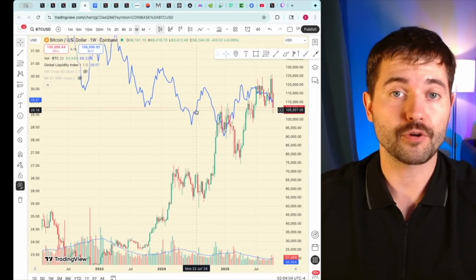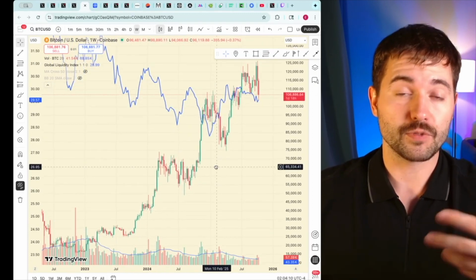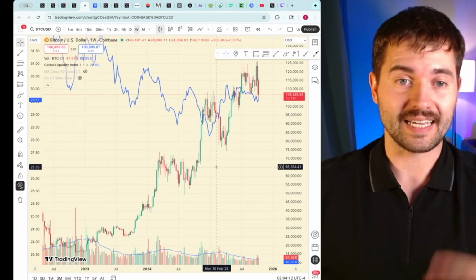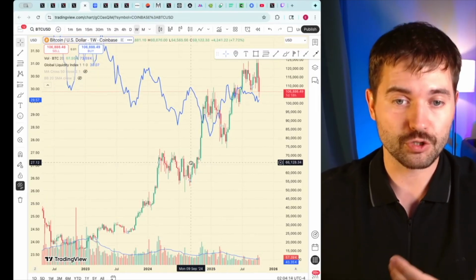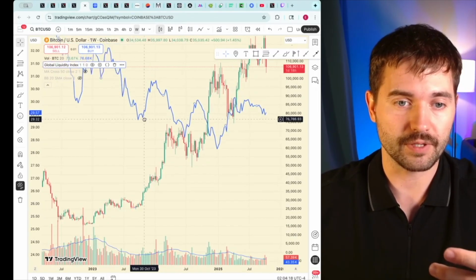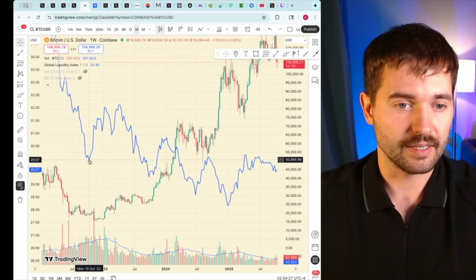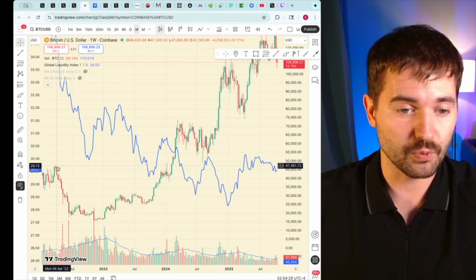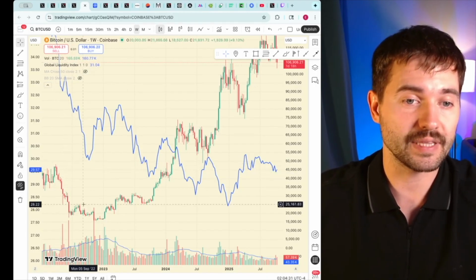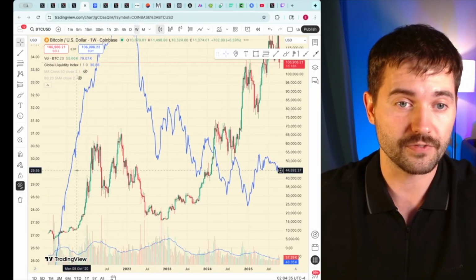Now, talking about the correlation between global liquidity and Bitcoin, because each time there is more money, excess money, it tends to inflate the speculative assets. And in this case, we're talking about Bitcoin. This was the big fall of the global liquidity. The Bitcoin price was going down, and that was the end of the 2021 cycle when the expansion was finished.